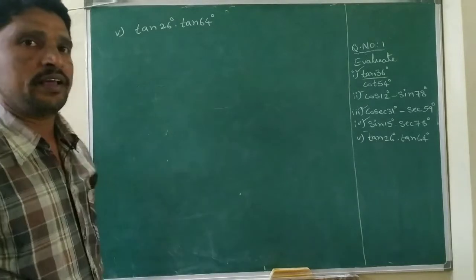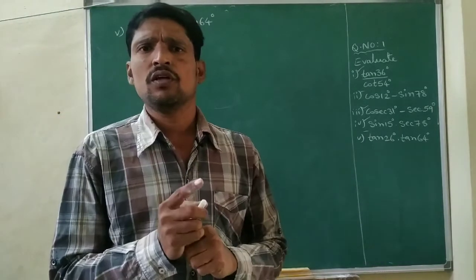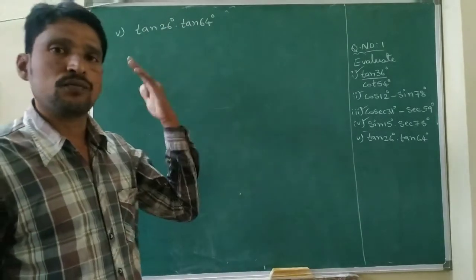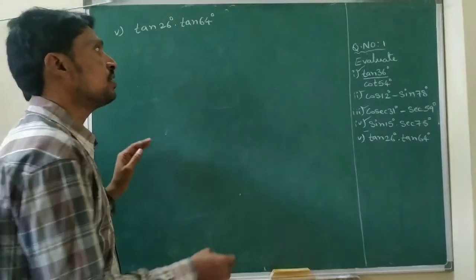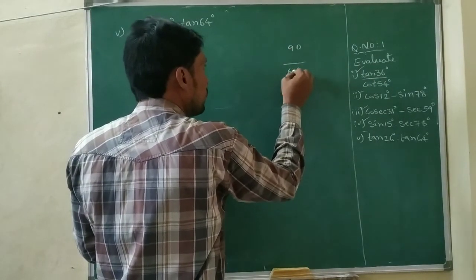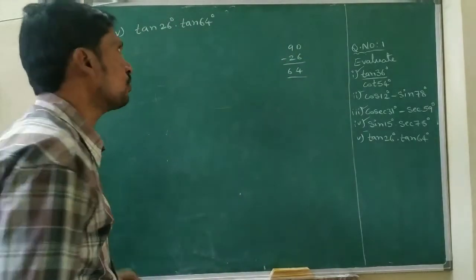Here only one of the values we need to change. Now I am changing the second term: 64 is 90 minus 26, since subtracting 26 from 90 gives 64.